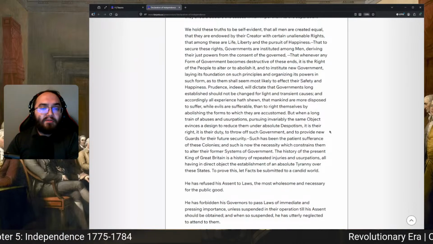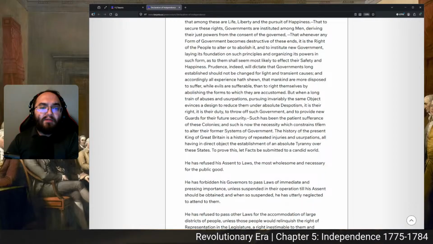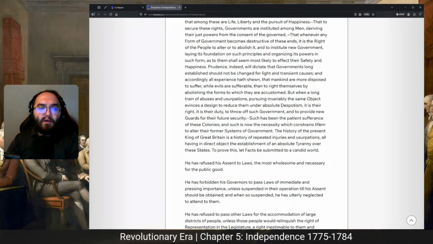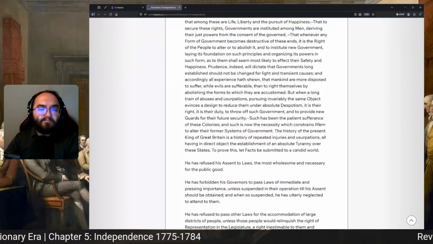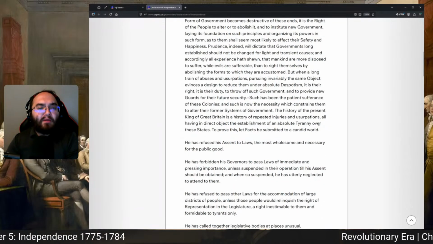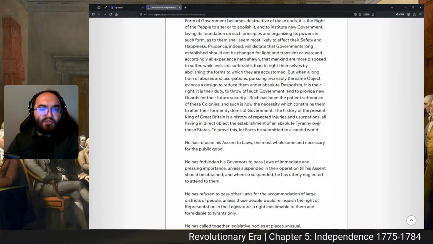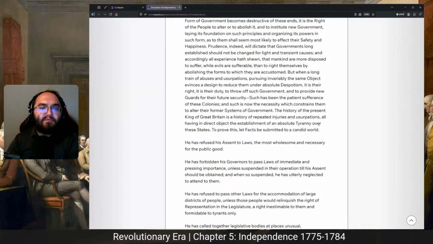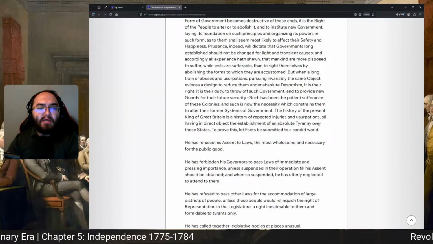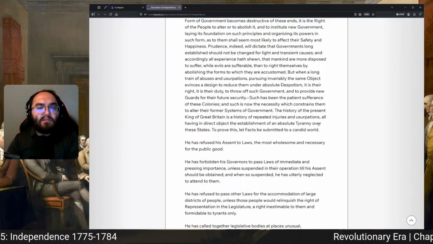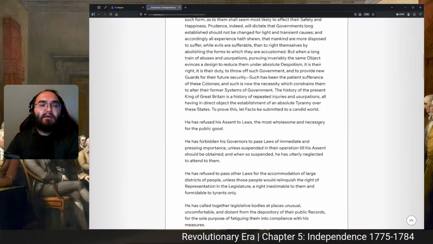rights, governments are instituted among men, deriving their just powers from the consent of the governed, that whenever any form of government becomes destructive of these ends, it is the right of the people to alter or to abolish it, and to institute new government, laying its foundation on such principles and organizing its powers in such form as to them shall seem most likely to affect their safety and happiness.